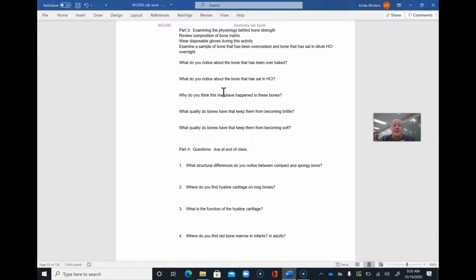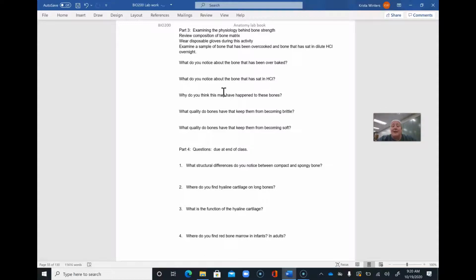So why do you think that the bones that were overbaked are so brittle? And why do you think the bones that were soaked for that 2-week period are so soft?